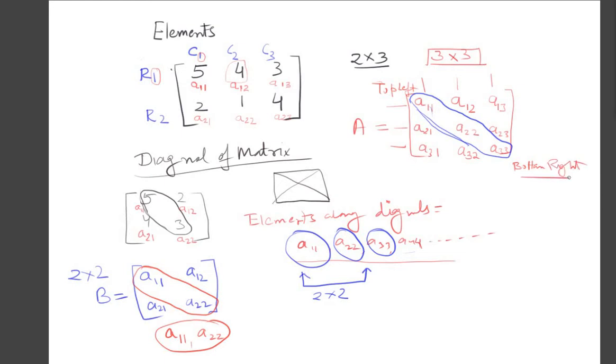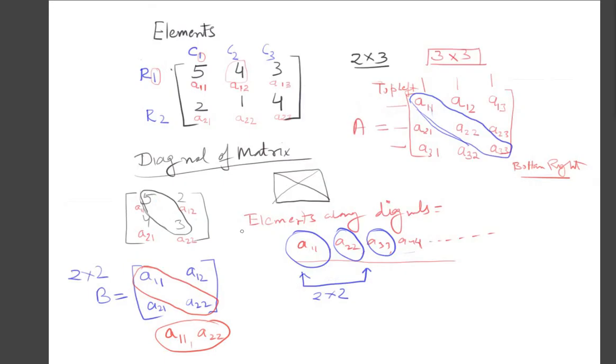So in a nutshell, all the elements which fall diagonally from top left to bottom right are the elements of a diagonal in any matrix. Make sense? Okay. Perfect. All right. So that was on diagonals.